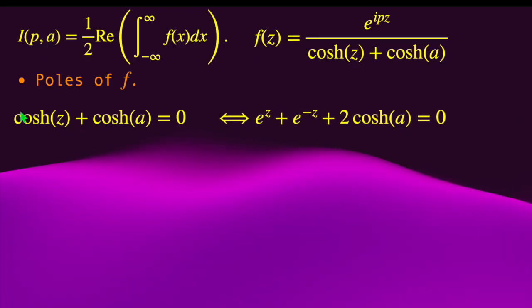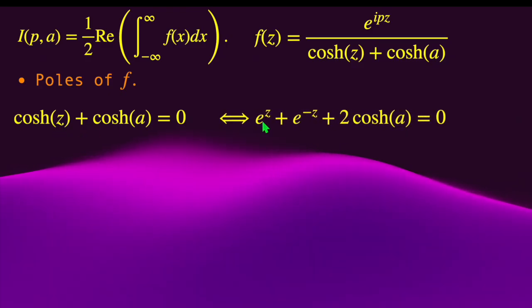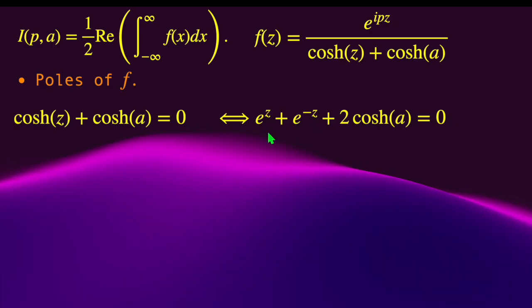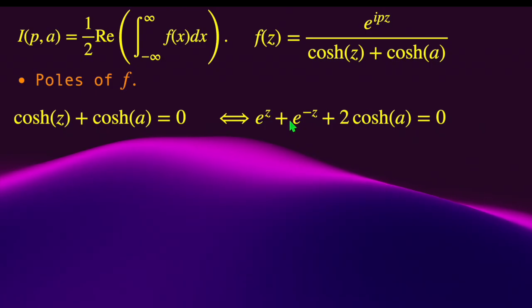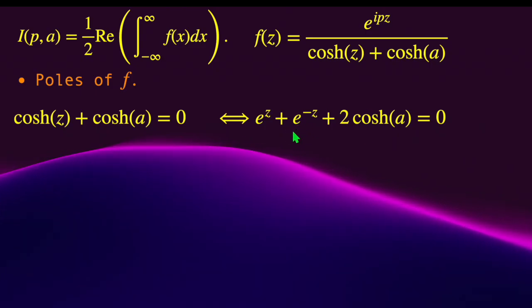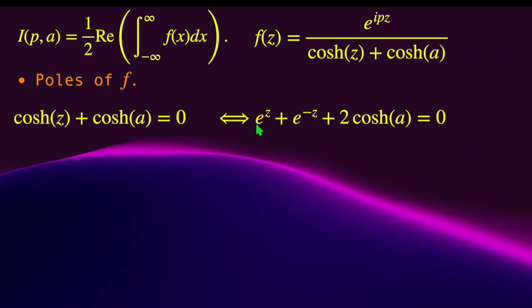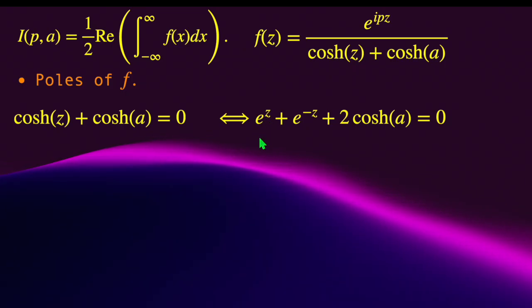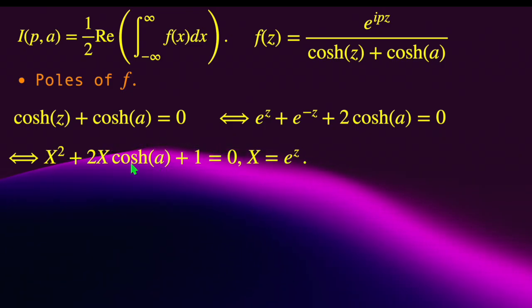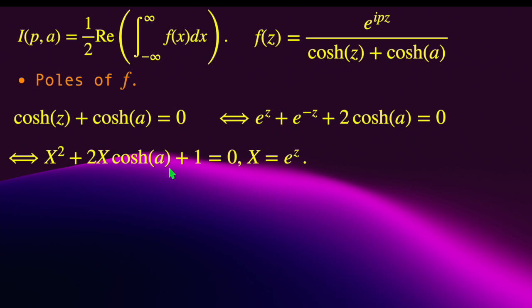Now cosh z is just e to the z plus e to the minus z over 2. We multiply by 2 and we get this equation. Now this is 1 over e to the z. We multiply also by e to the z, and we get that e to the z satisfies this equation. So we need to solve this equation.